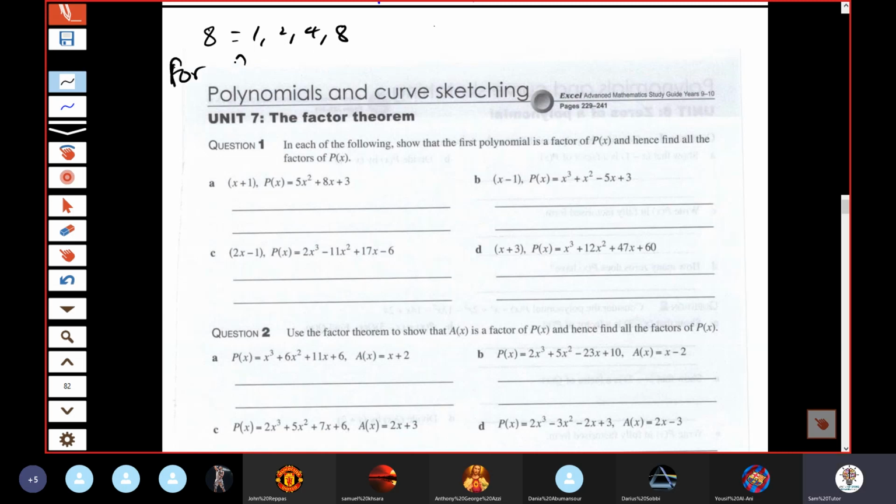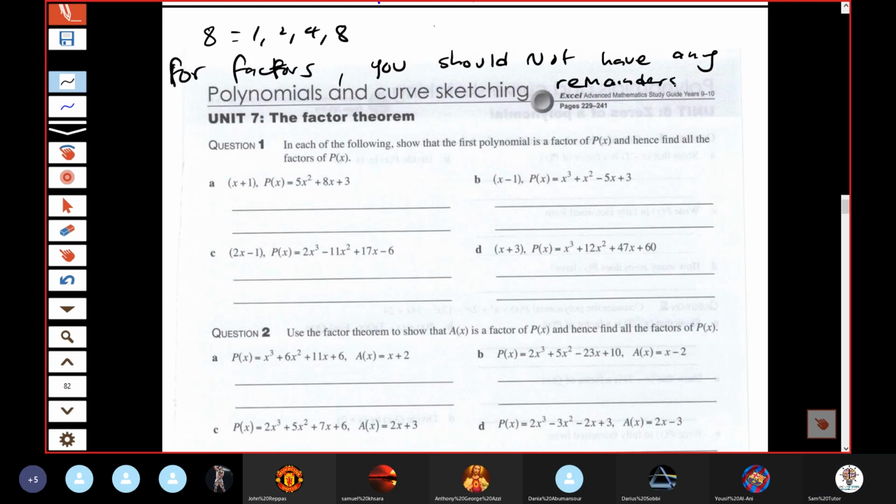For factors, you should not have any remainders. Does that make sense? All right.